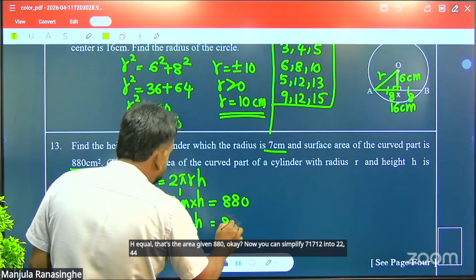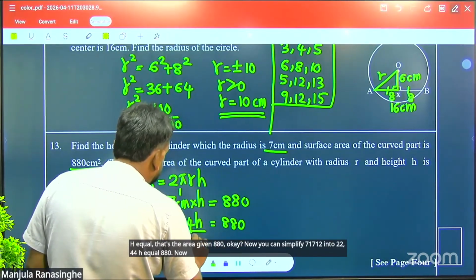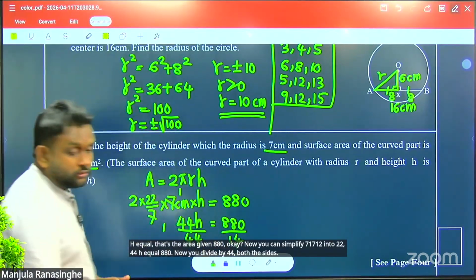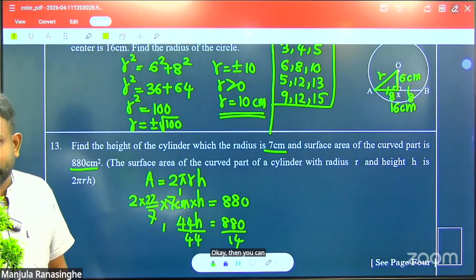44h equals 880. Now you divide by 44 both the sides. Then you can take the answer.